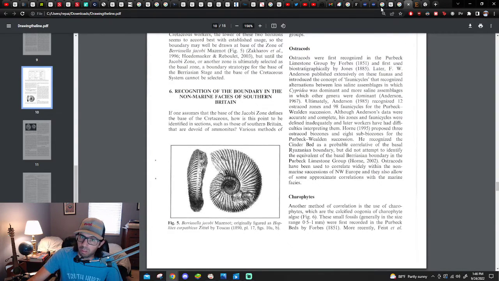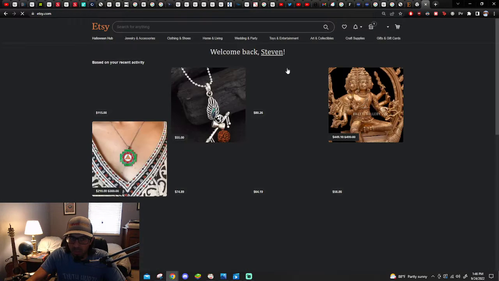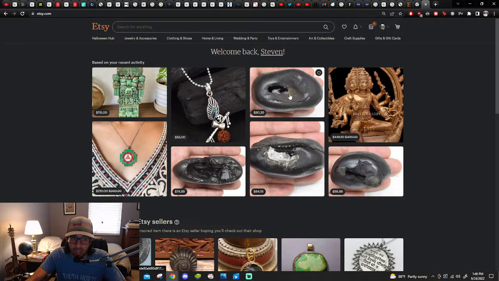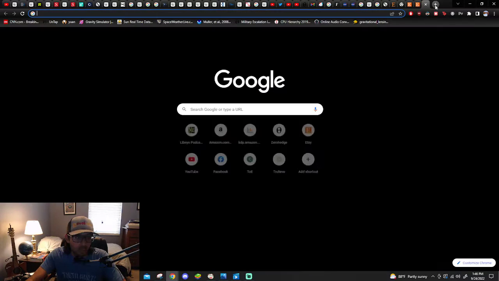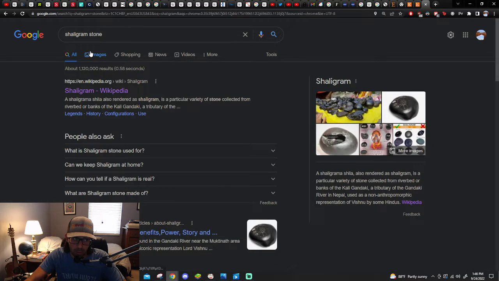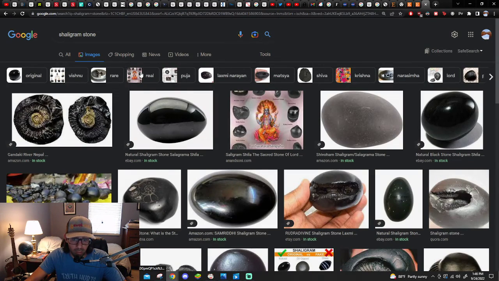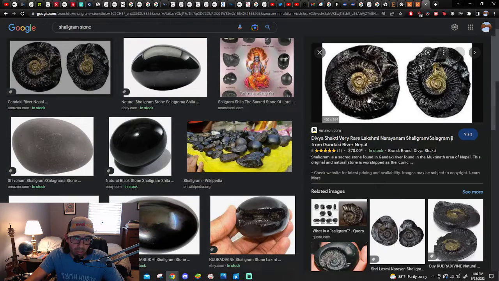I suppose the best way for me to find what I'm thinking of off the top of my head is to go to Etsy because I was looking around. These things, what are they called? Shallogram. These are incredible. These are believed, according to science, to be some sort of shell creature, right?